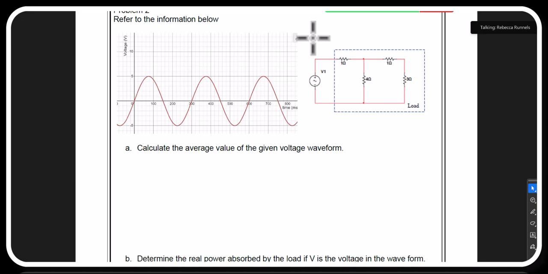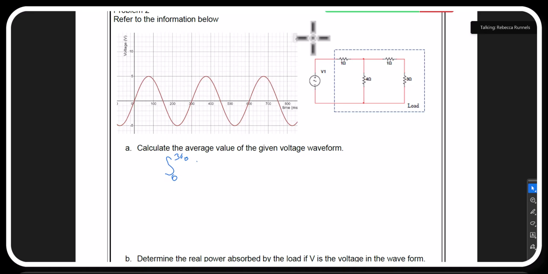Now, you can also find the average value by taking the integral from 0 to 300. I'm probably not going to do this by hand, but it's not hard. You have to know the equation for this. It is a sine function.